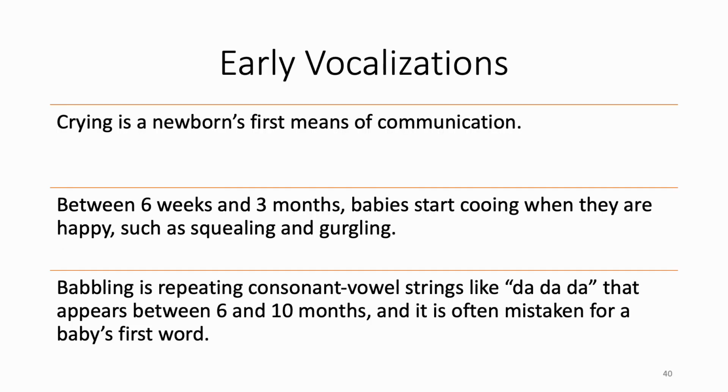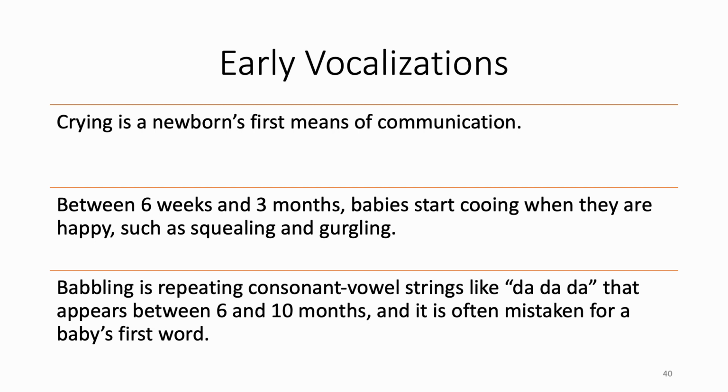Now that we went through the language milestones, let's discuss early vocalization. Crying is a newborn's first means of communication. Between 6 weeks and 3 months, babies start cooing when they are happy, such as squealing and gurgling.